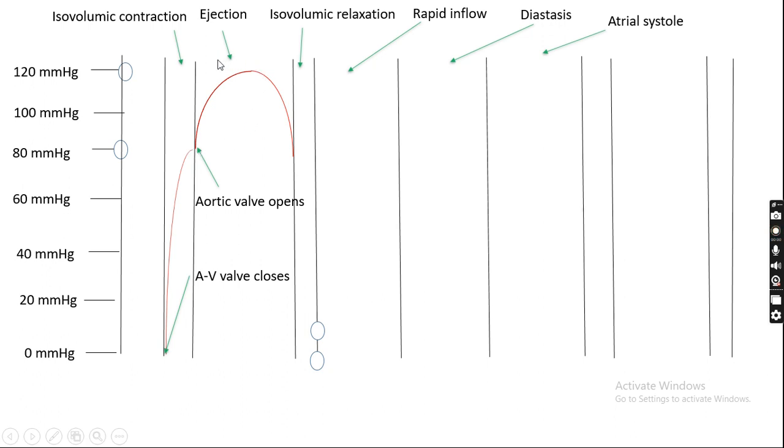So the blood pressure in the left ventricle rises and it reaches about 120 mm mercury. Then in the slow ejection phase, blood still passes through the open aortic valve into the aorta, and here the blood pressure of the left ventricle decreases and it is about 80 millimeter of mercury.